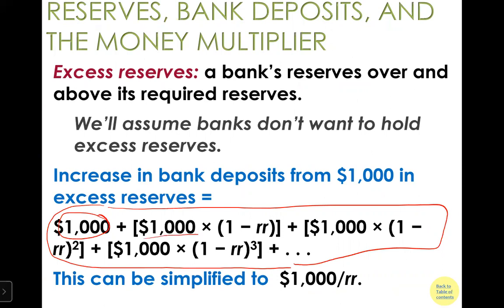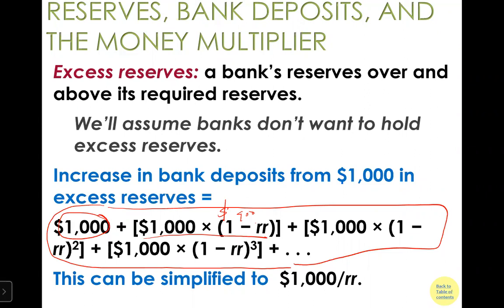In the second term, RR stands for reserve ratio. 1 minus RR stands for the percentage of the deposit the bank can use to make new loans. In our example, this is 90%. 90% times 1,000 equals $900. So this $900 is the first loan the bank made.